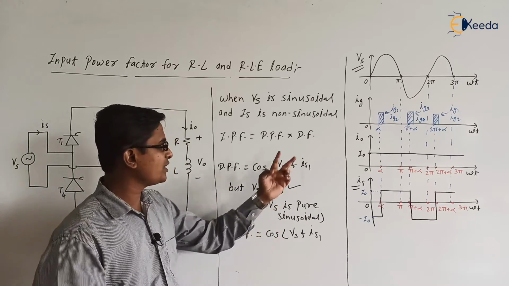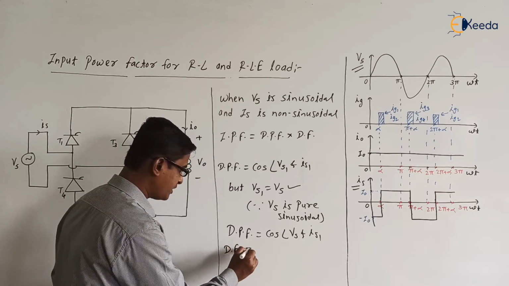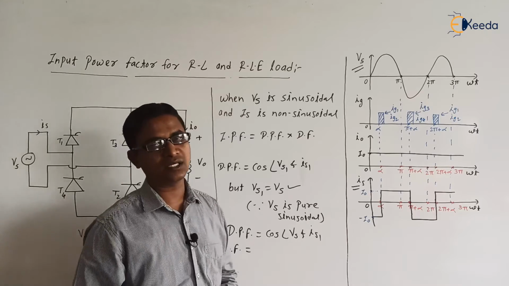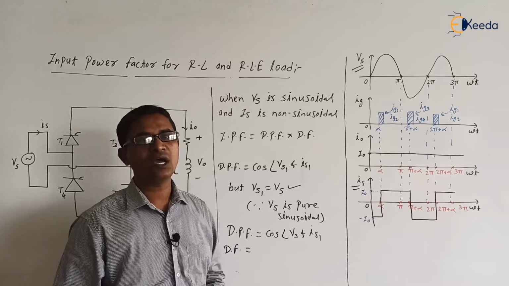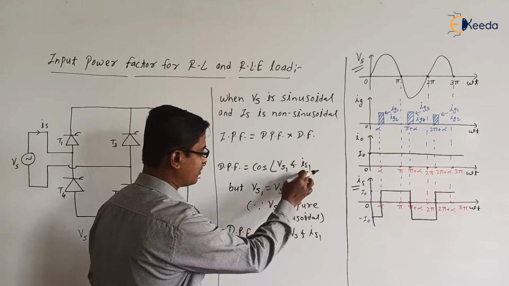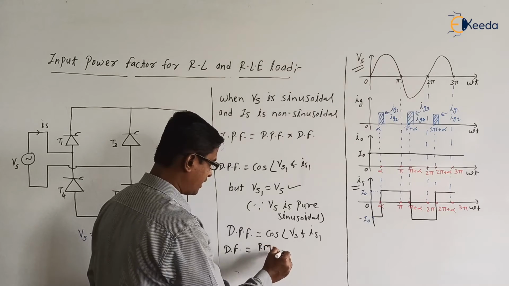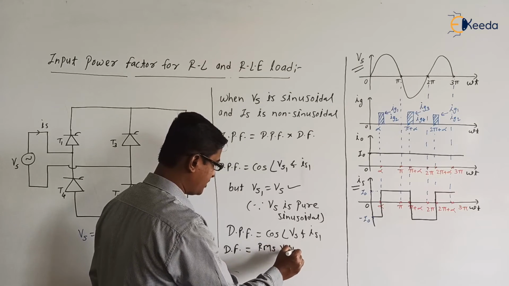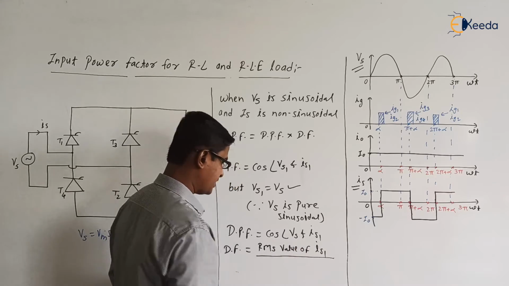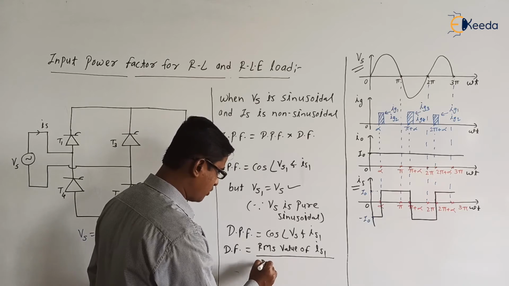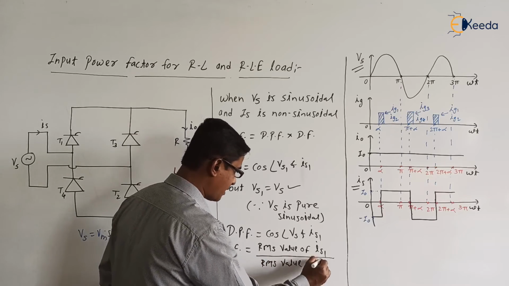Next, what is the distortion factor? Distortion factor is the ratio of the RMS value of Is1, the fundamental source current, divided by the RMS value of Is.